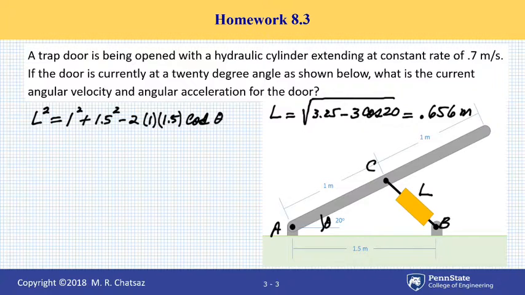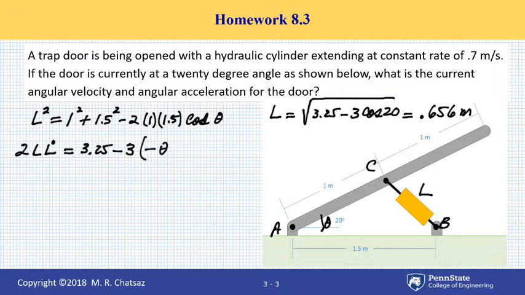By definition, if I take the time derivative of both sides, I can find a relationship between speeds, both linear and angular. So the derivative of the left side with respect to time using the power rule is 2L L dot, equals the derivative of 3.25 minus 3 times cosine of theta. Derivative of cosine of u, recall, is minus u prime sine of u.